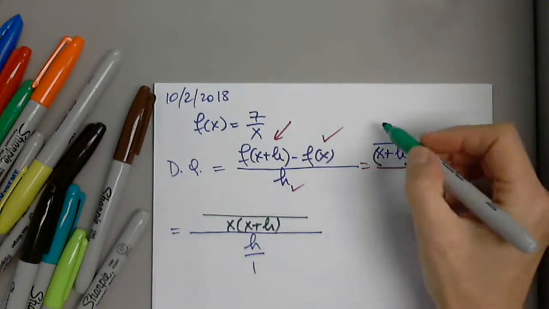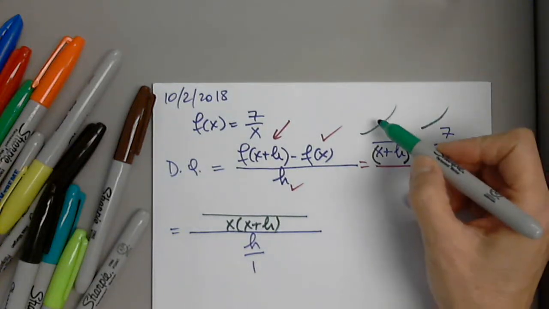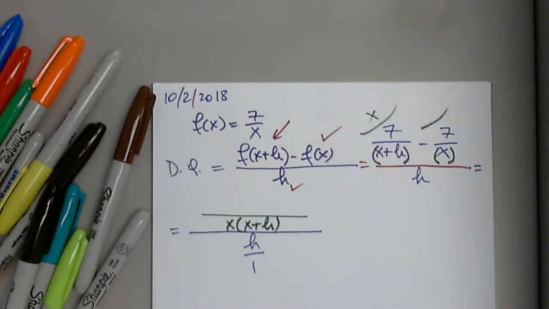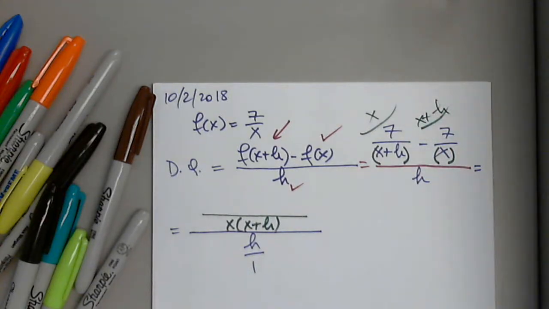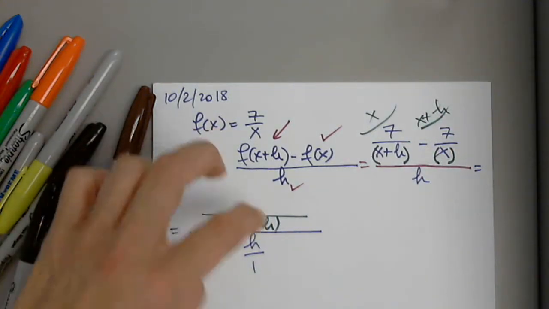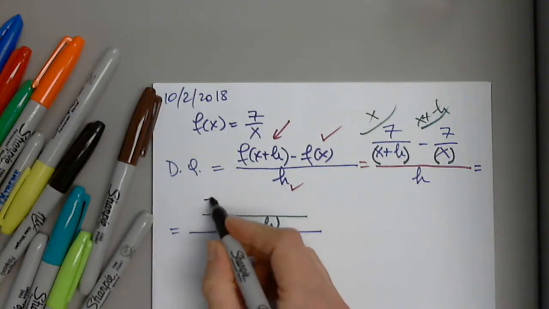So now I have to find the adjustments for the tops. I cannot just write 7 minus 7. That would be incorrect. So what do I have at the top for the first one? Good. And for the second one? Very good. Awesome. Good. Can anyone dictate now the top of this fraction? Yes?